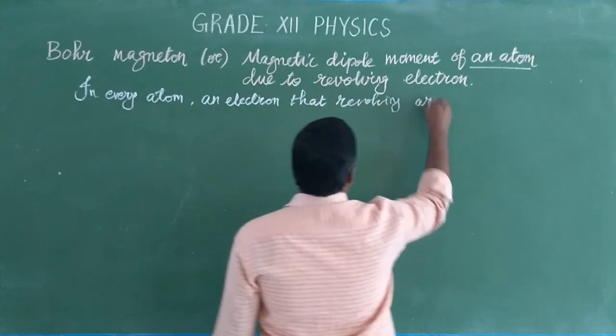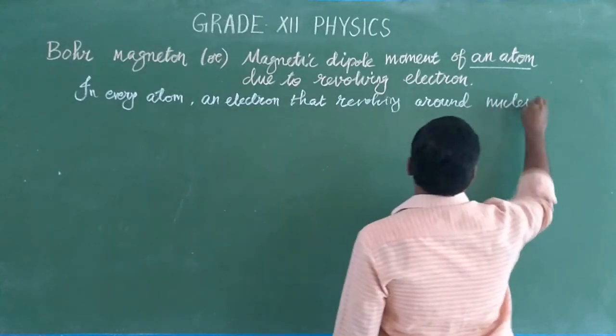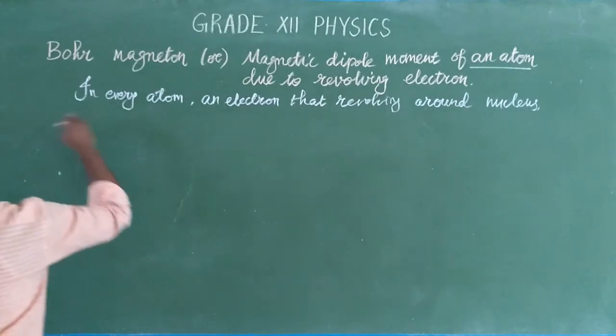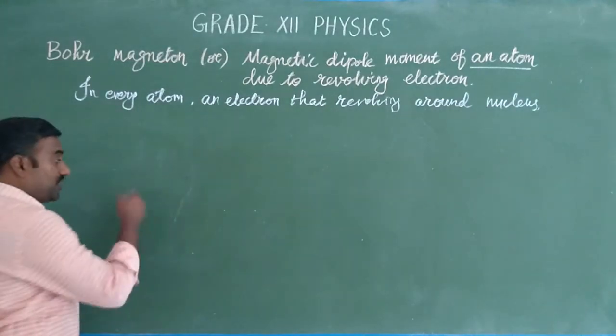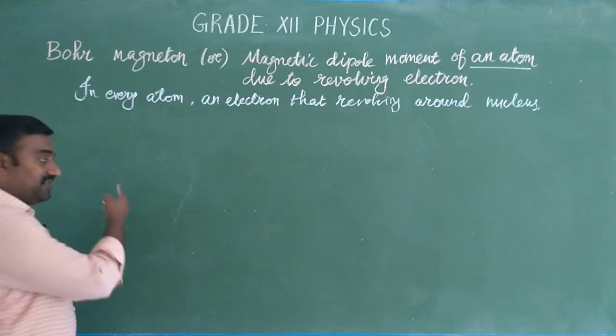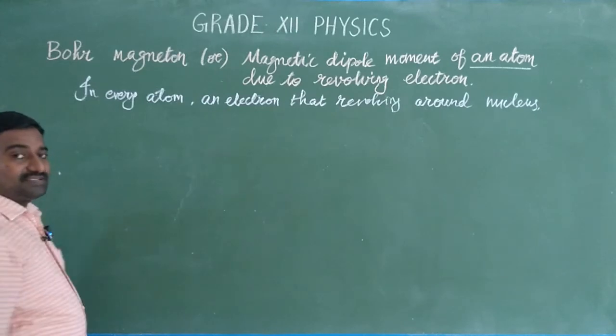When it is revolving, a revolving electron is like a current loop. Just as current flows in a circular loop, an electron revolving around this orbit behaves like a circular loop.